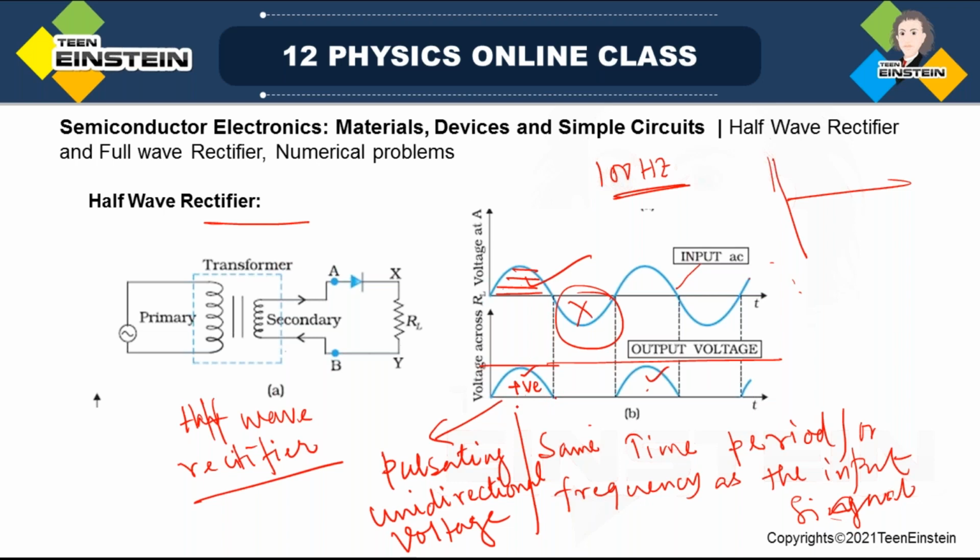Now, why waste power? Why waste signal? Can't we make use of the negative values of the signal also? The answer is yes. If we use two diodes instead of only a single diode, then maybe we can convert both the positive and negative signals to a DC signal.